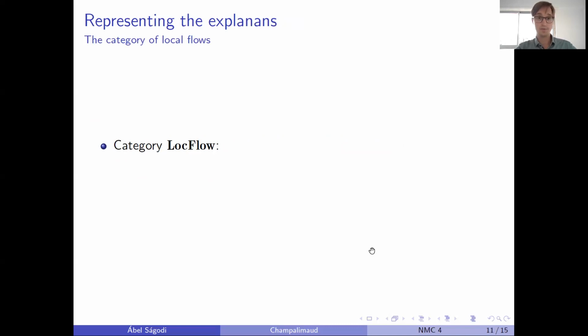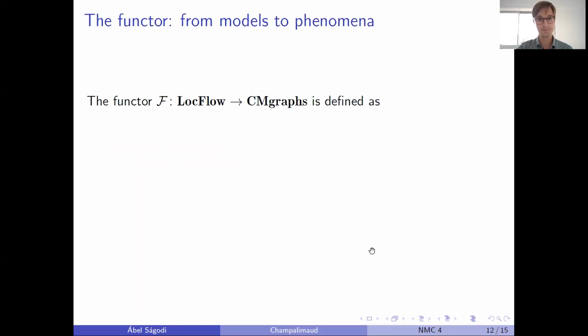And we will represent the explanans as the category of local flows, in which the objects are local flows, which are flows only defined on a certain domain, and we will consider as morphisms topological explanans to group together all the models that are all in the same way empirically adequate to the temporal explanandum that we consider.